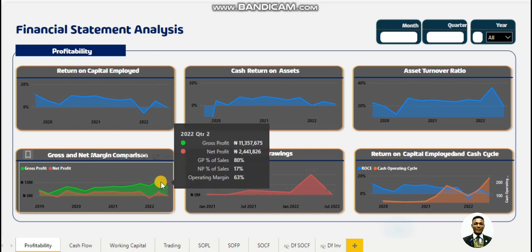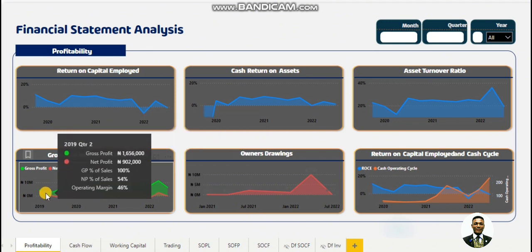clearly pointing to the fact that the managers of the business have been able to carefully manage its cost of sales so as to allow the gross profit margin to be fairly stable around 79 to 85% of the total revenue generated. But what can be said about net profit?